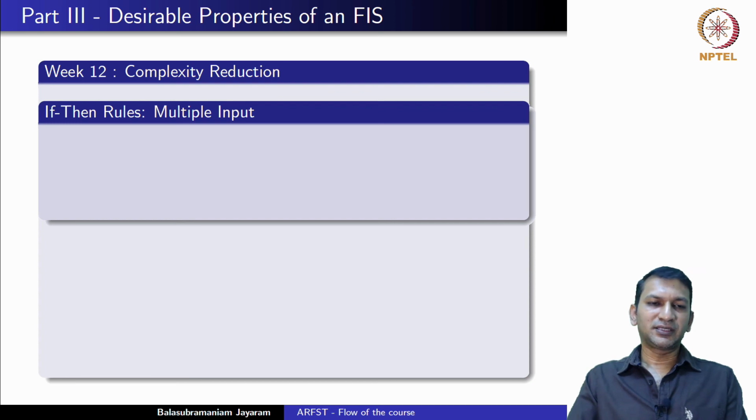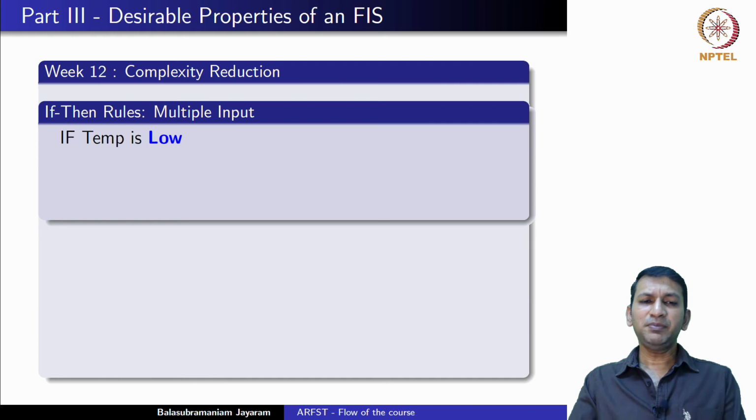As has already been discussed, a single fuzzy if-then rule will not be able to capture the working of an entire system, which means we need multiple fuzzy if-then rules, often also multiple input single output rules. For instance, consider this fuzzy if-then rule: if the temperature is low and humidity is high, then speed is fast.